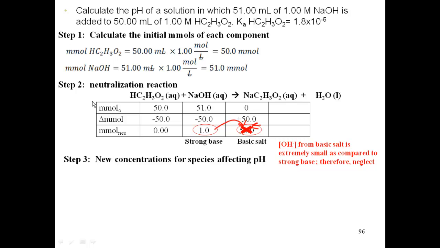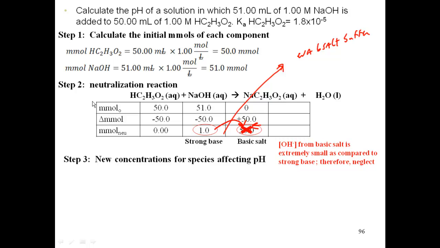Okay? Now, when you start asking yourself questions about what the product is being left after neutralization, you're going to have certain scenarios that are going to occur. Okay, one you already realized. When you actually get to that point and you got some components left, you're going to get a case where I have a weak species, say a weak acid, and a basic salt, which in essence is the buffer, right?